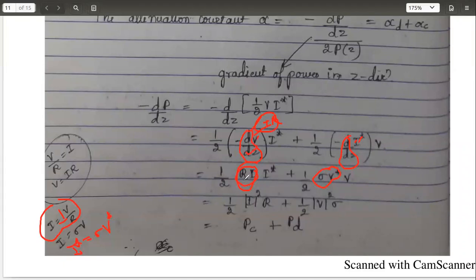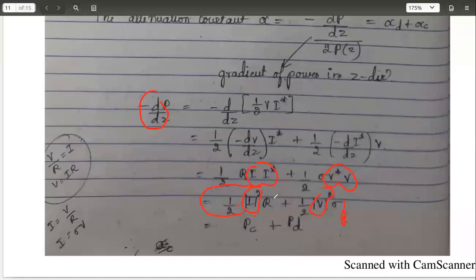Now coming to the remaining, you can see I into I star. If I take simply the magnitudes, it will become I square. Here also V into V star. If I take the magnitudes, it will become V square. Remaining is half into R, half into sigma. Now coming to this first part, this is nothing but I square R, or V square, sigma is 1 by R. So V square by R, nothing but power.